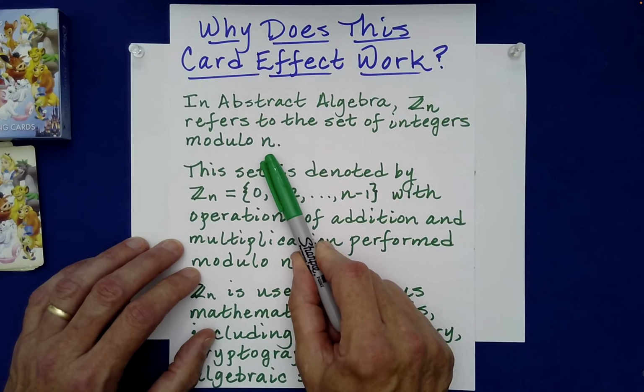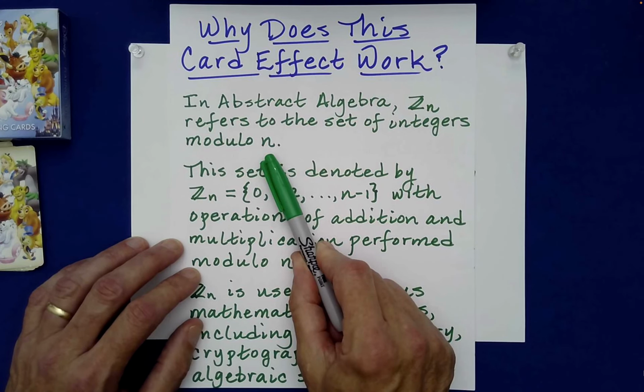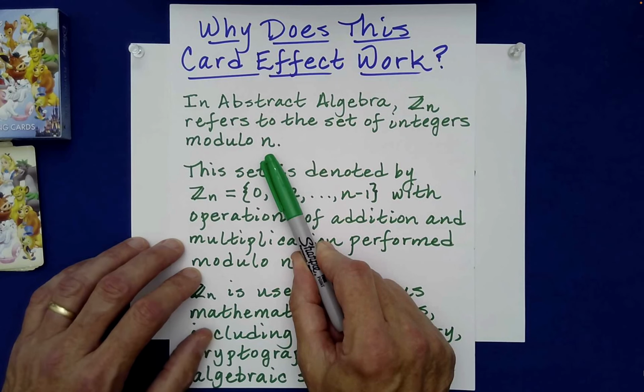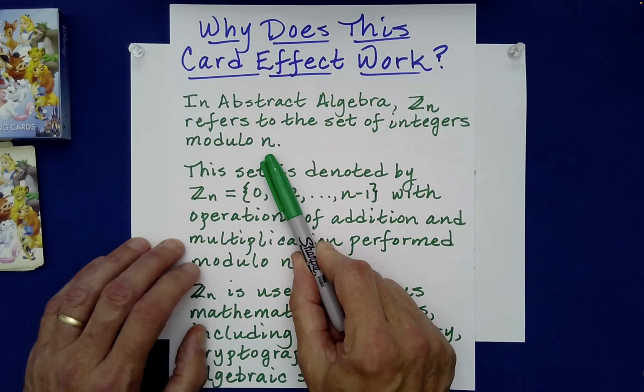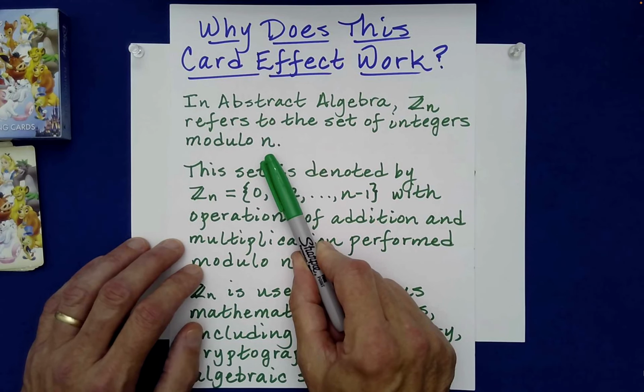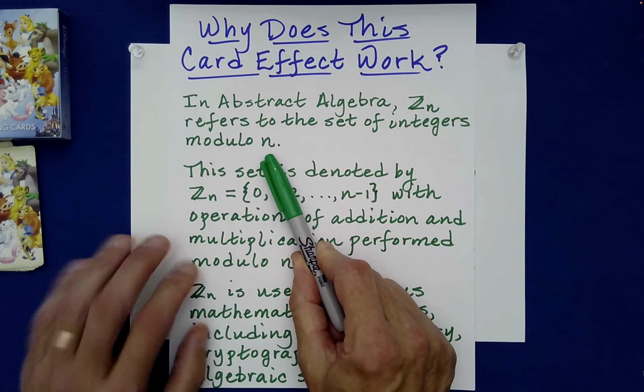So every integer divided by 3, well, maybe focus on the positive ones for now for simplicity. Every positive integer divided by 3 will give you a remainder of 0, 1, or 2. Those are the only possibilities. So modular arithmetic is where we look at the remainder that results upon division by some other value. Okay, so that's all that means.